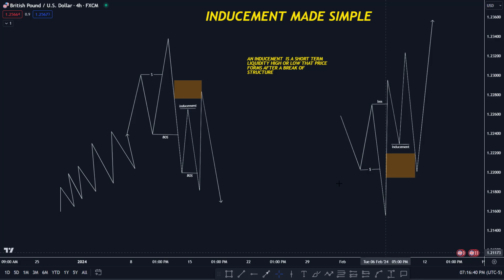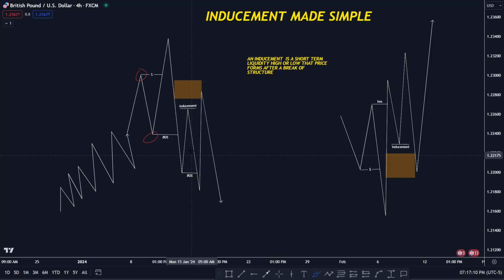So, a quick video recap: an inducement is a short-term liquidity high or low that price forms after a breakup structure. As we can see here, price was in a clear uptrend, and then price cleared the liquidity of these old highs and then came and gave us a breakup structure. After that breakup structure, we'll be looking for a slight pullback. That slight pullback is what we call an inducement, because it is inducing early sellers into selling early, and those early sellers will then place their stop losses right at this short-term high.